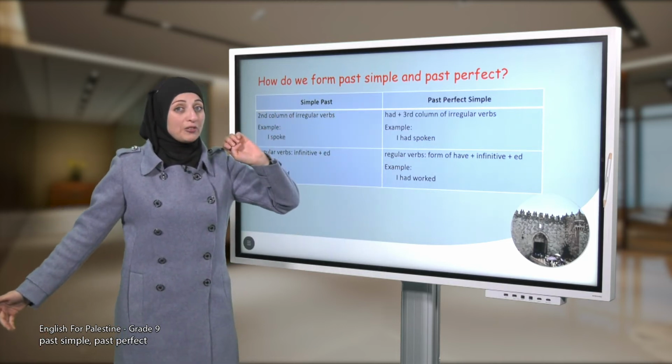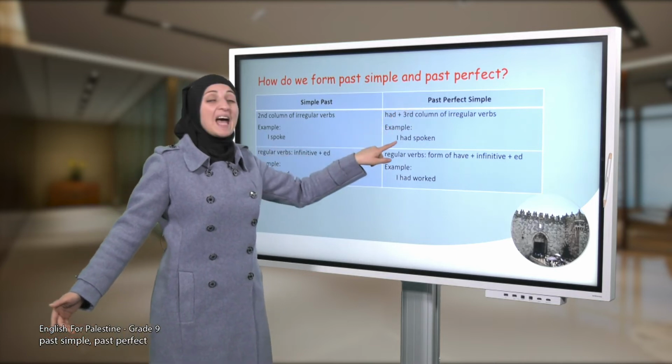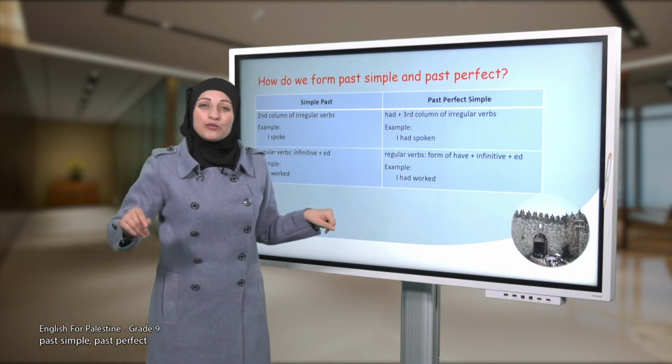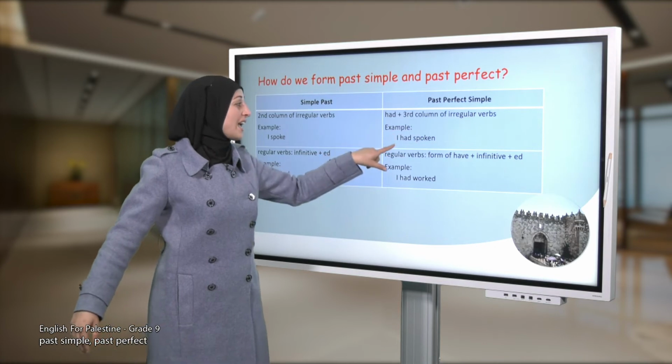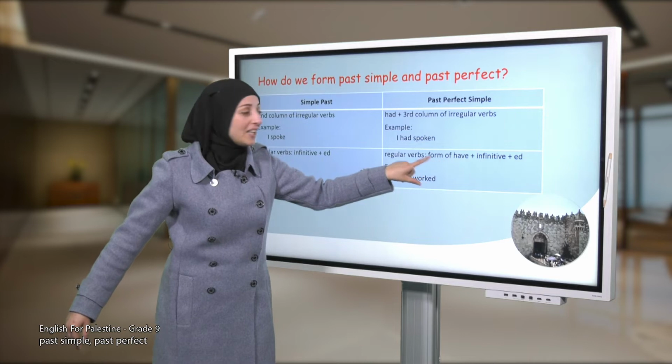According to past perfect, I need a helping verb in the past, which is had. Then perfect means that I have to use verb 3. So I have here, I had spoken.